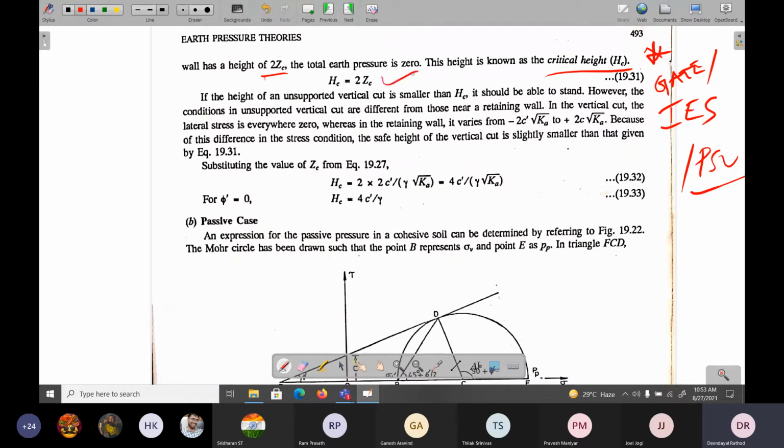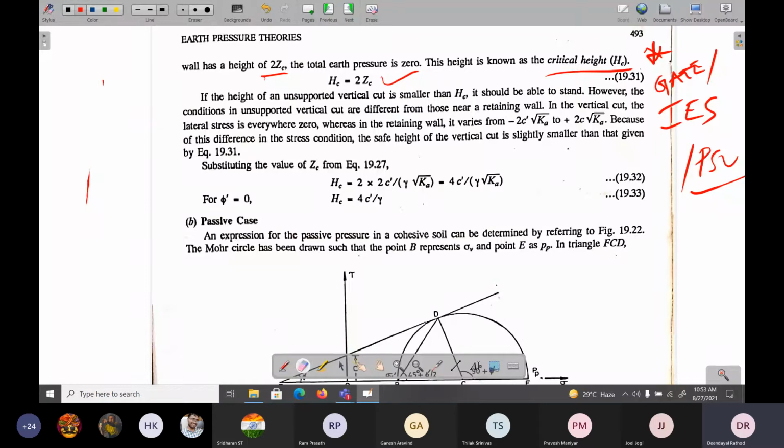After that, this pulling and pushing will balance. ZC is pulling and below that the same ZC is pushing. If the height of the unsupported vertical cut is smaller than HC, it should be able to stand.